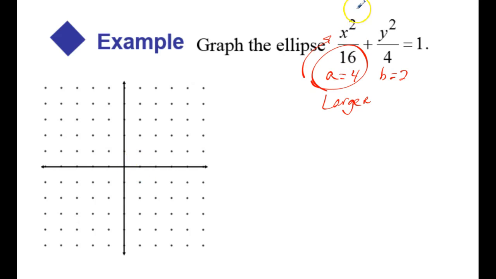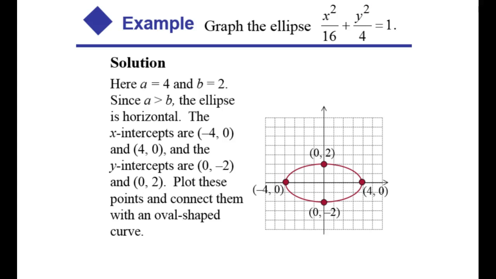By the way, h and k, it's centered around the origin, so we know it's starting here at 0, 0, so I'm going to go 4 units to the right and 4 units to the left. That's my a distance. The b distance is 2, so I'm going to go 2 above and 2 below. And so to graph this ellipse, there's the value of b, and I'm done.